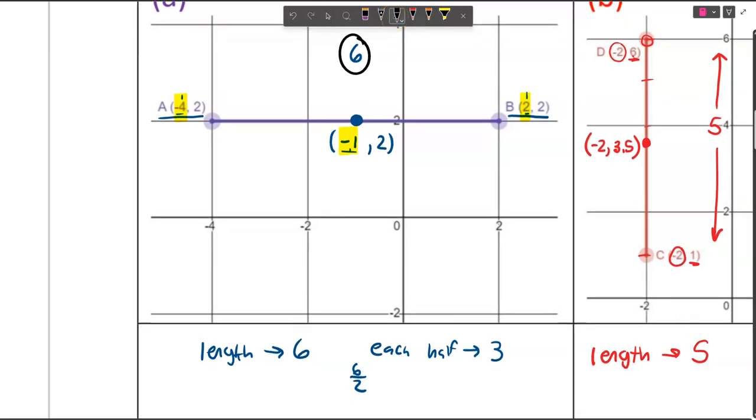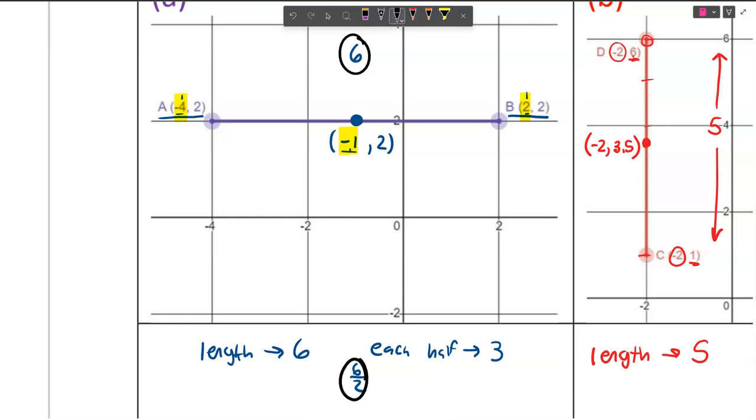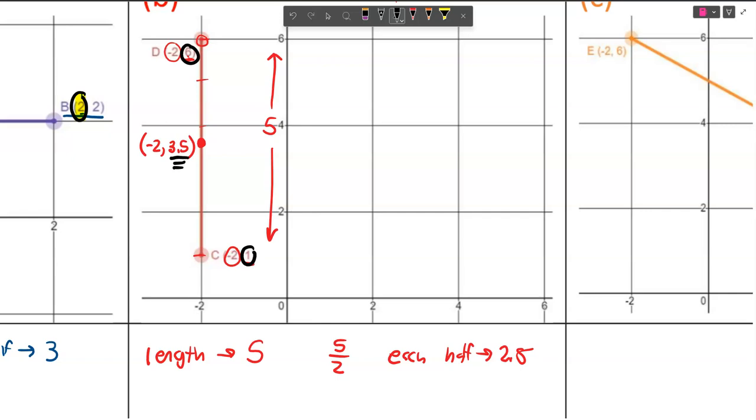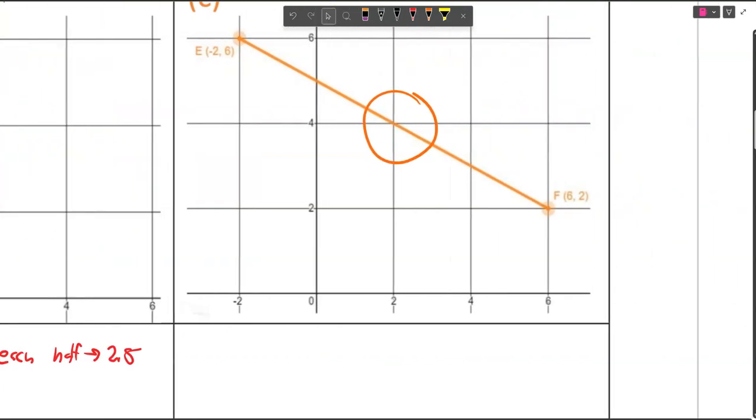Finding the length and cutting it by 2, we found what each one needed to be, so we took the endpoints, added them together, divided by 2, and that gave me the average. If we look over here, we do the same thing. 6 plus 1 is 7. 7 divided by 2 is 3.5. So really, when we're trying to find the middle of something, if we simply take those ends and average them, that's going to give us our conclusion.